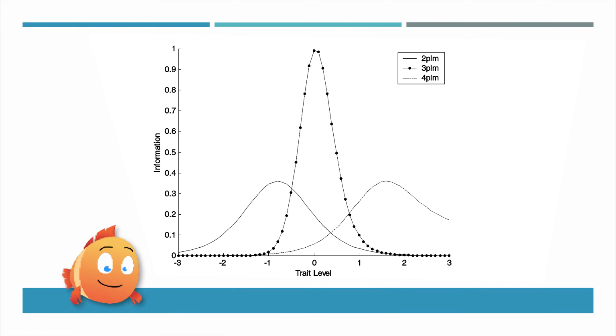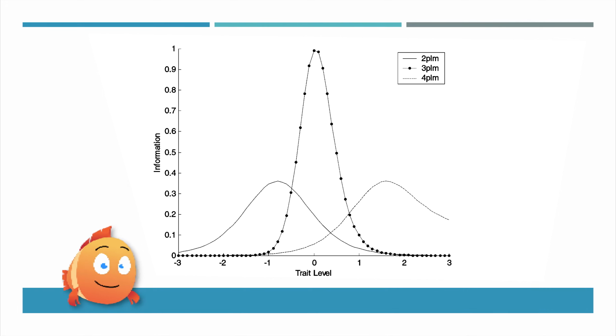The further away in either direction that they go, the less useful it is, because it can tell you that someone is between -1 and 1, but if they get it correct, it can't tell you any information above and beyond that. It can just tell you, oh, they're better than 1, or they're worse than -1.